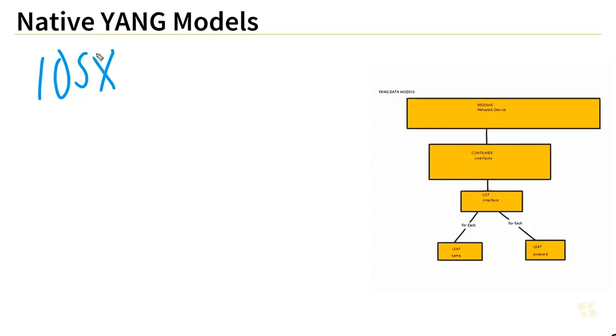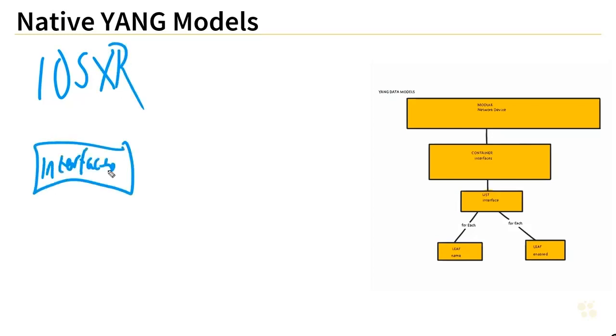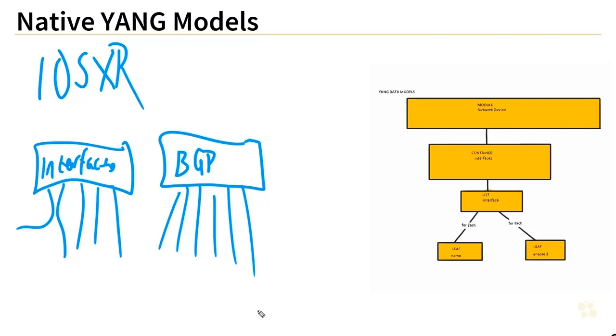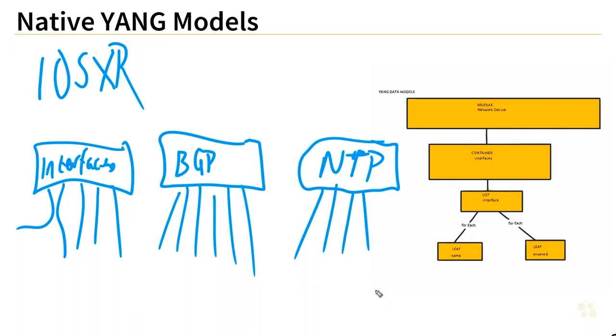So in iOS XR, you would maybe have an iOS XR interfaces model, and from that container you'd have all these other containers spidering out. Then you would also have maybe a BGP model, so you'd have the root container just saying BGP, and then you'd have more information just spidering out, and then maybe an XR NTP model. And just like the others, you would have containers and leafs and lists just spidering out.